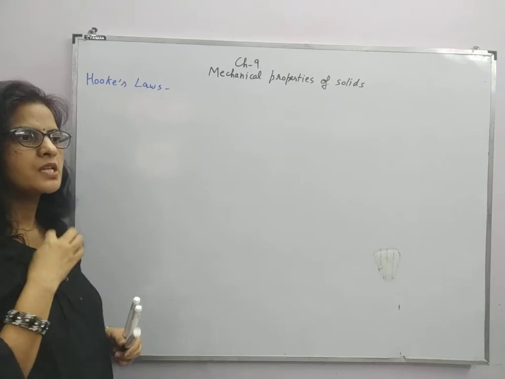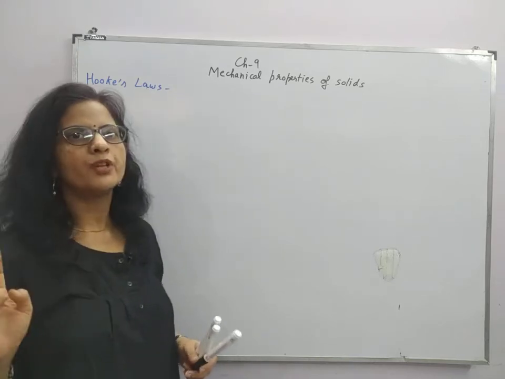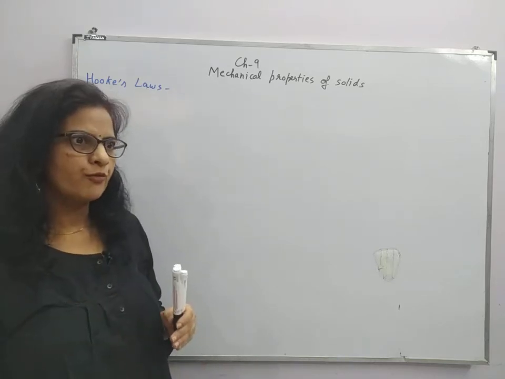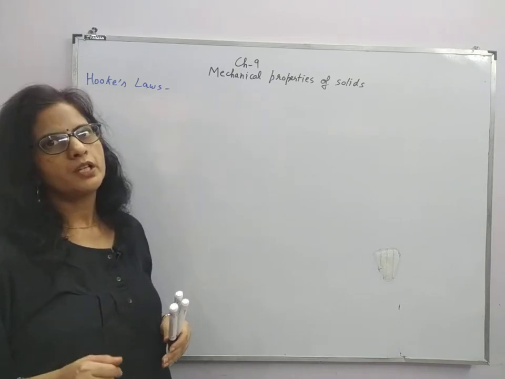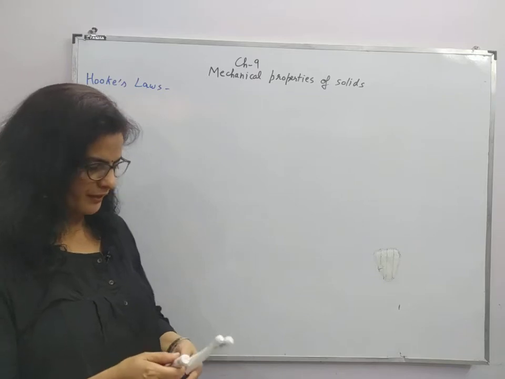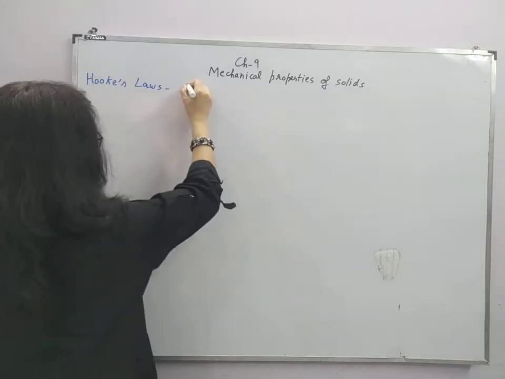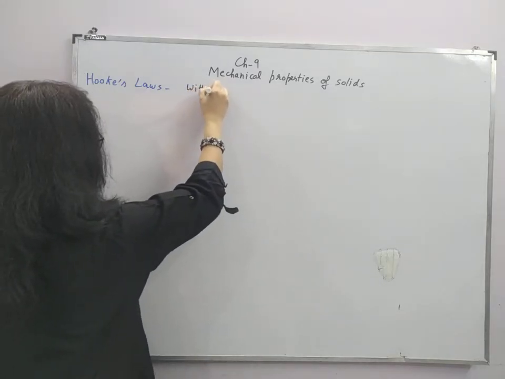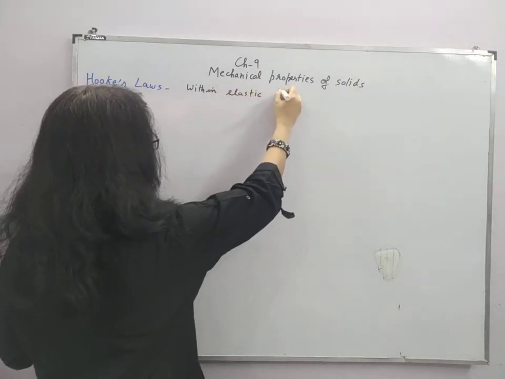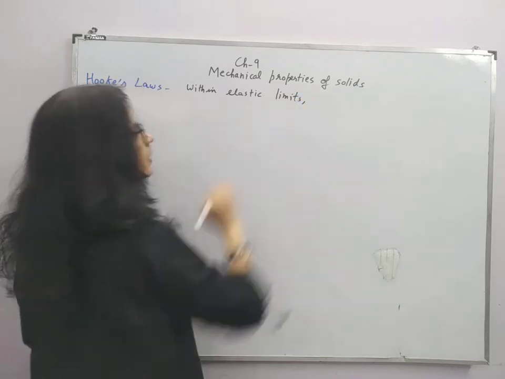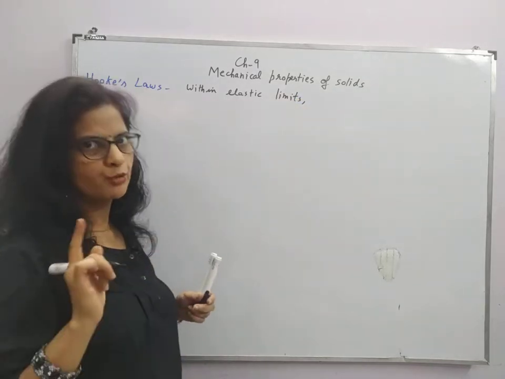Elastic limit means the limit up to which if we apply the deforming force and then remove the deforming force, the body regains its original shape and size completely. So within elastic limits, the stress is directly proportional to the strain.